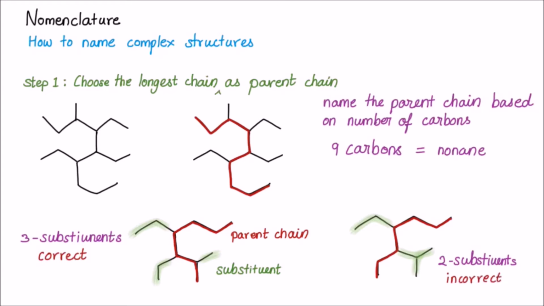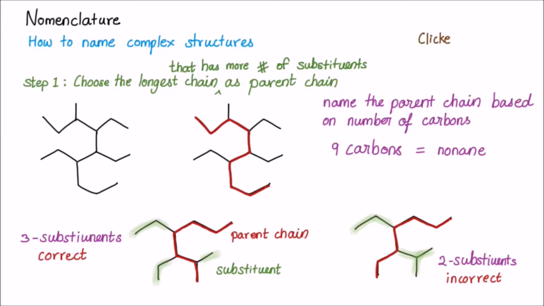The parent chain that has more substituents is the right parent chain. So we need to rewrite the statement: choose the longest chain that has more substituents as the parent chain. So the left side structure has 3 substituents, so that's the right parent chain, not the one on the right side structure.